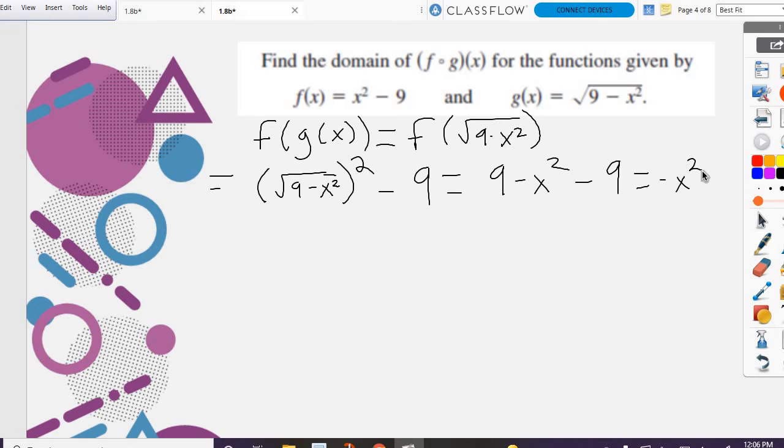So what do we have that's going to make us have restrictions? A radical. So what are we not allowed to have with radicals? Negatives, where? On the inside. Well, what's on our inside right now? 9 minus x squared. So how do I write mathematically not negative?